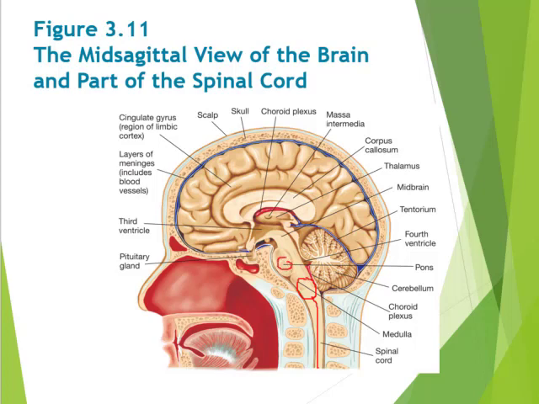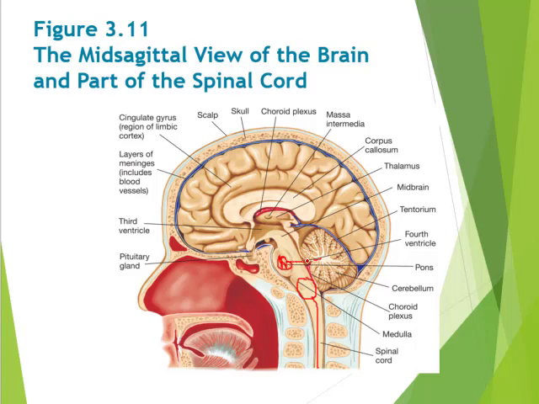So between the medulla and the midbrain and toward the nose is an egg-shaped area called the pons, and that's this egg-shaped area here. Around the same level and to the side and opposite the pons is the cerebellum.